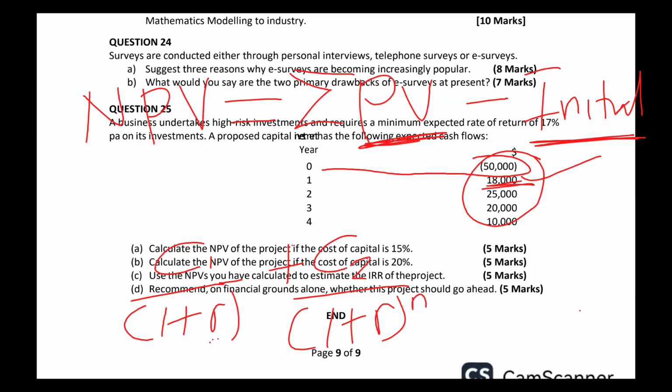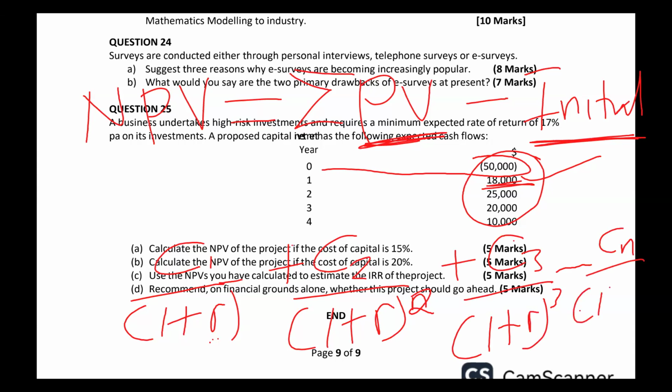So in this case, if it is in the second year, this will be the power 2 plus you discount again in the third year, divide by 1 plus R to the third. You go on discounting up to the cash flow n divided by 1 plus R to the degree n.